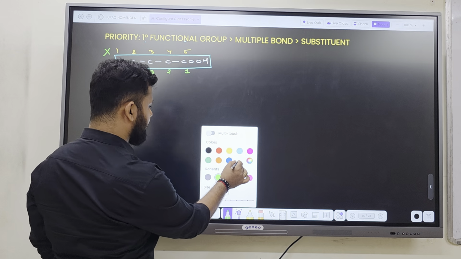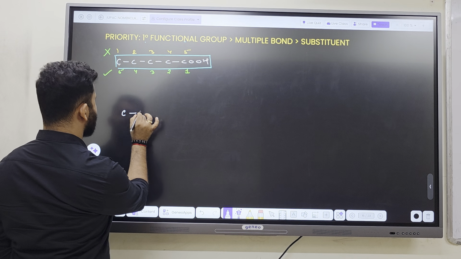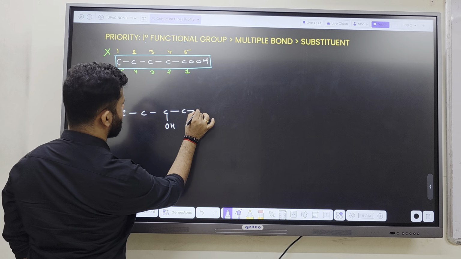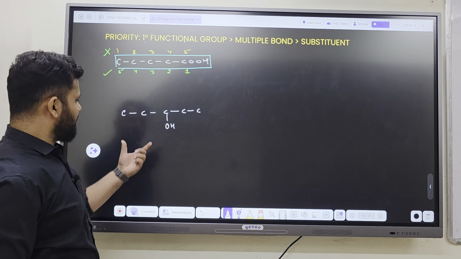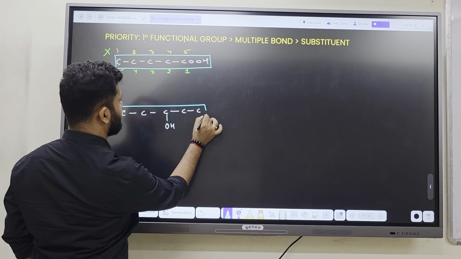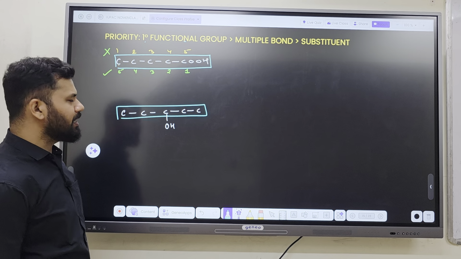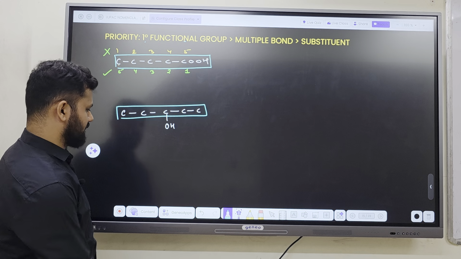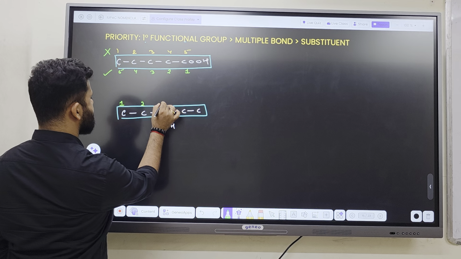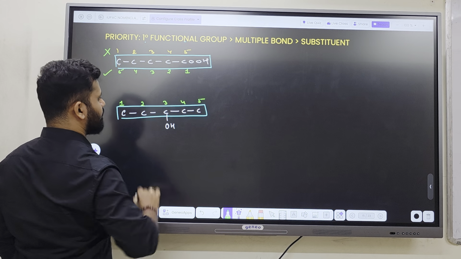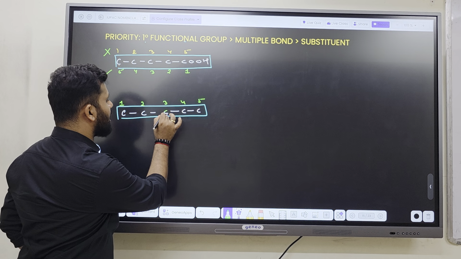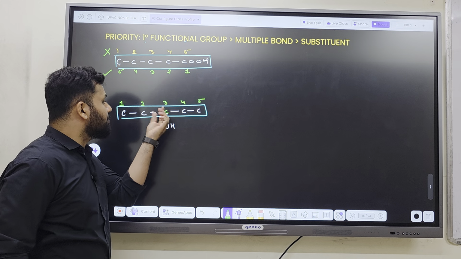Now let us have one more example. If you look at this one, here is my parent carbon chain. In which direction to number it? If I go from left to right, then the carbon attached to the functional group, which is called alpha carbon, is assigned number 3.